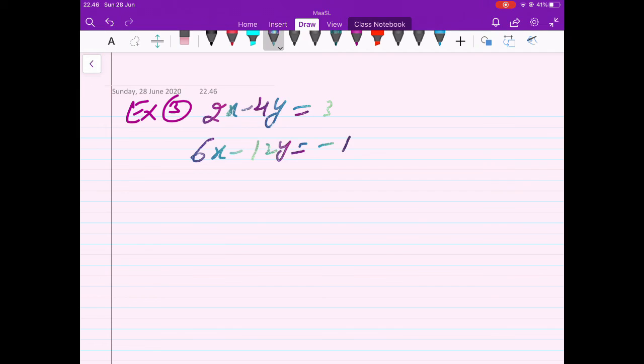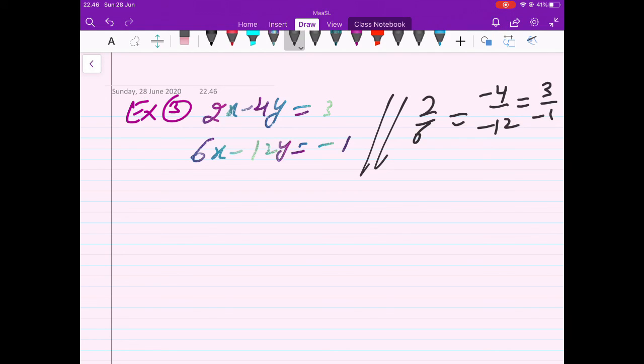Now if we check the conditions here, the ratio of the coefficients of x in both equations, that is 2 by 6, is equal to negative 4 over negative 12, which is equal to 3 over negative 1. So that means 1 over 3 is equal to 1 over 3, which is not equal to negative 3.